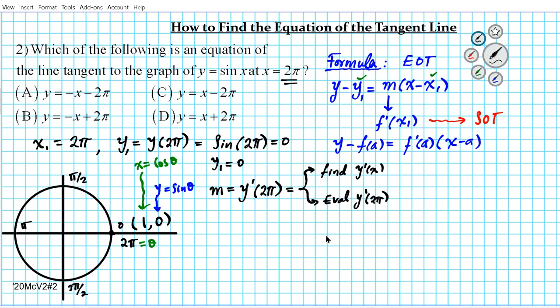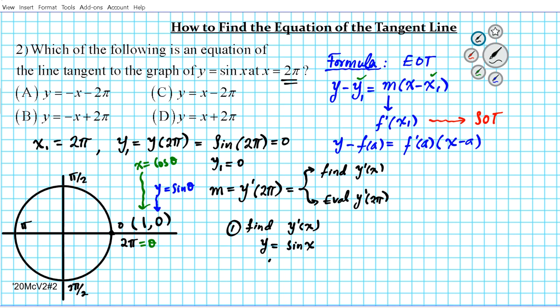Moving right along, we're going to break it up and do it one at a time. So let's do part one. We want to find the derivative of the function. The function itself is sine x.